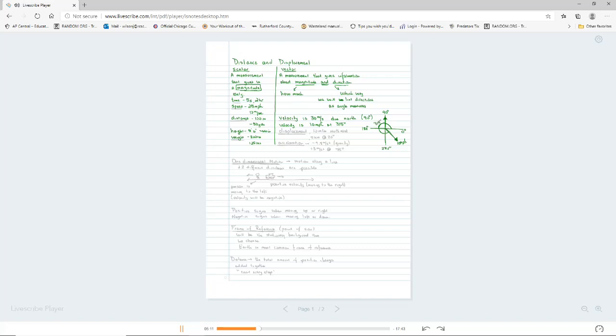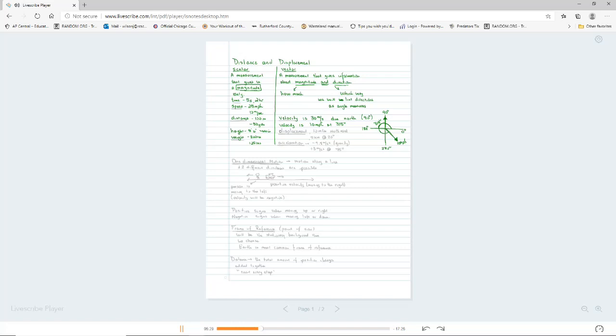Now, there are some other ways to list that angle measure, and we will get into those later, but for today, it's just enough that you recognize that scalars tell you a number value only, an amount only, where vectors tell you both an amount and a direction.